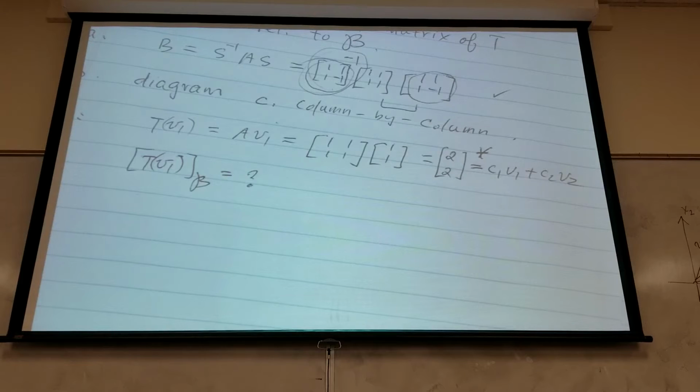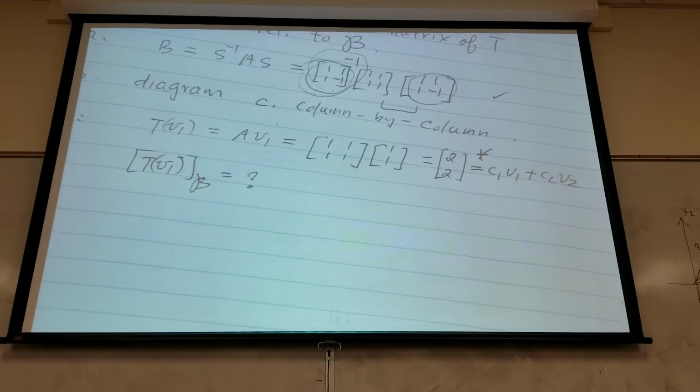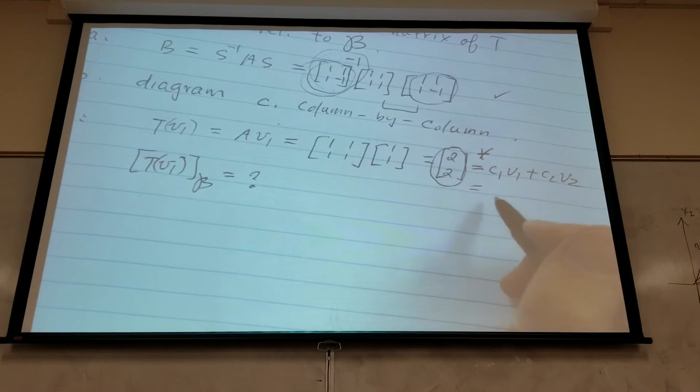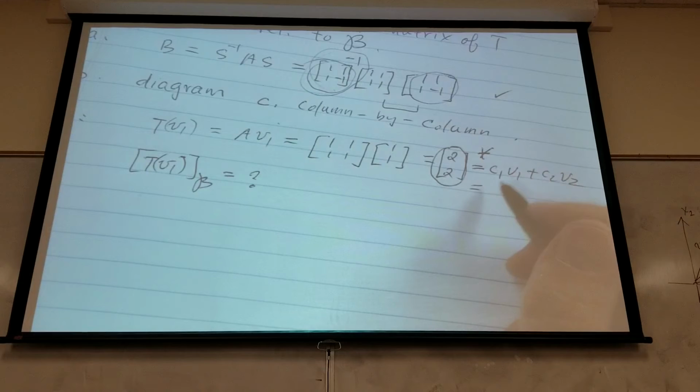So it doesn't matter if it's TV1 or TV2 or anything. You have a vector. To find its coordinate vector, you just write the linear combination, right? C1V1 plus C2V2. So you need C1, C2. So how do we do that? It's convenient to observe that 2, 2 is 2 times 1, 1, right?